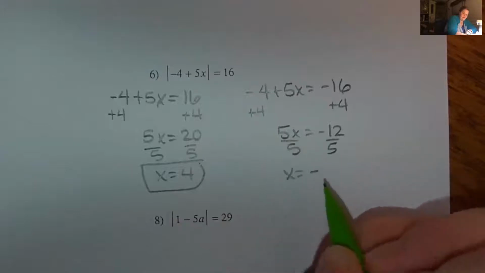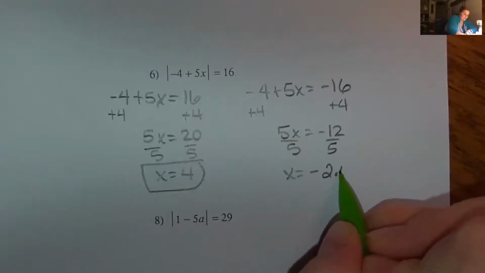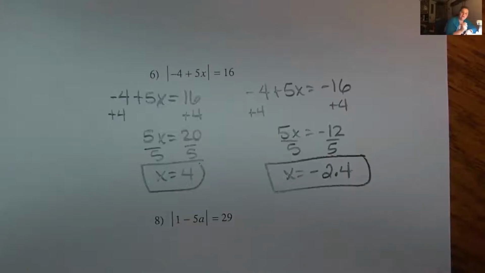X equals negative 2.4. It's okay to get negatives. It's okay to get decimals. And did you see, these are not the same answer. That's why I'm saying you have to use the process that I'm telling you. So one answer is 4 and the other one is negative 2.4. A lot of people get 4 and then try to put negative 4. That is not correct.